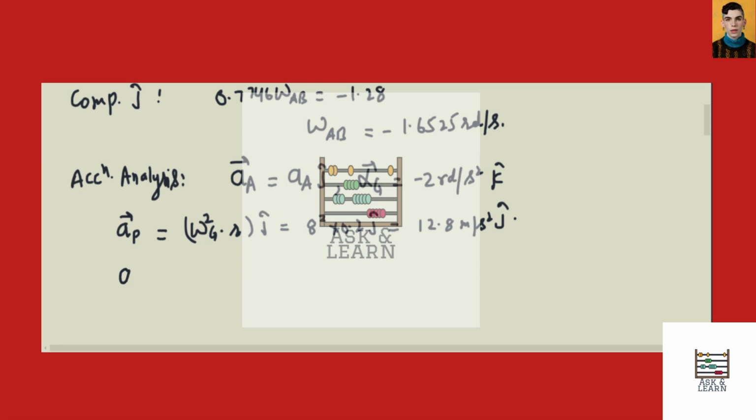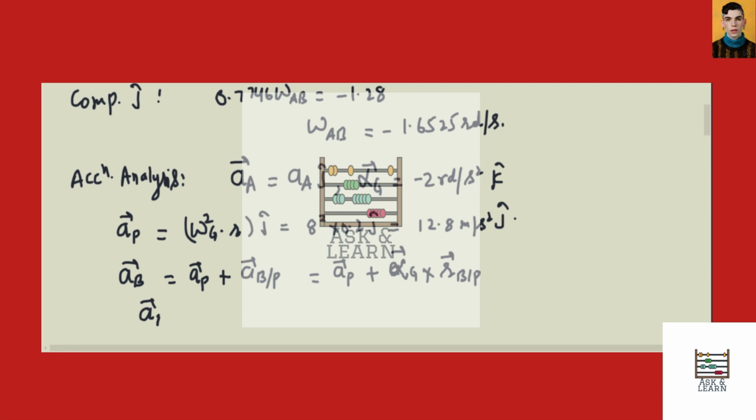Now acceleration of B point. Acceleration of B with respect to P. So it will be acceleration of P plus alpha G cross r BP. Now substitute the value.